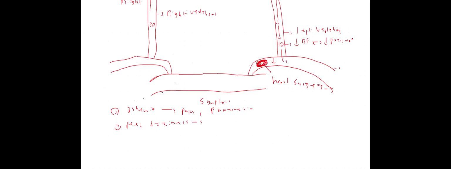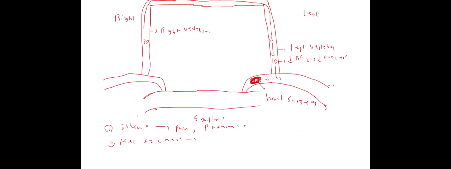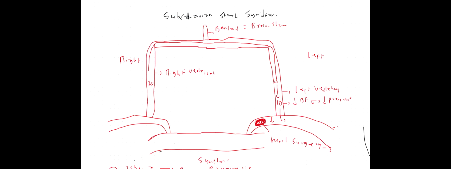Yeah, you're close, Rahul. Very good. Because of decreased blood supply to the brain, as the basilar artery is formed by the connection of the right and left vertebral arteries. Yeah, you're close. So when the arm moves, blood from the right vertebral artery goes to the arm, and blood flow to that side of the brain decreases. Yeah, very good.